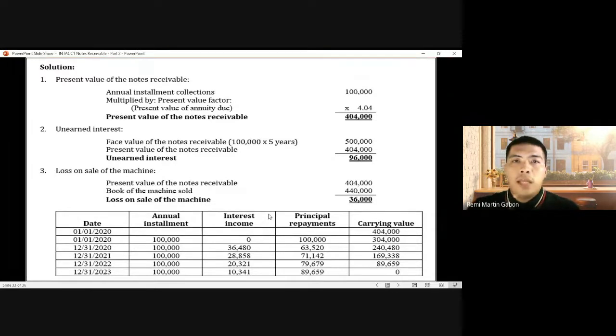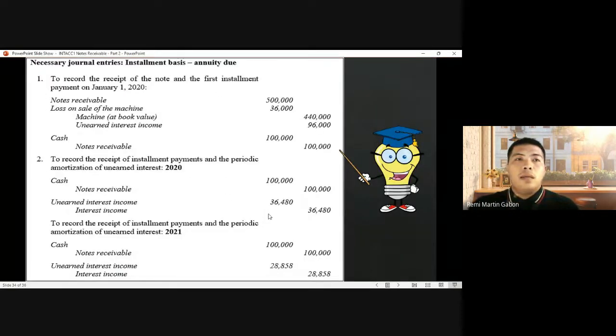So journal entries. To record the receipt of the note, we debit notes receivable 500,000, loss on sale of machine 36,000, machine credit for 440,000, and unearned interest income 96,000. In addition to this entry, we have the receipt of the first installment payment.